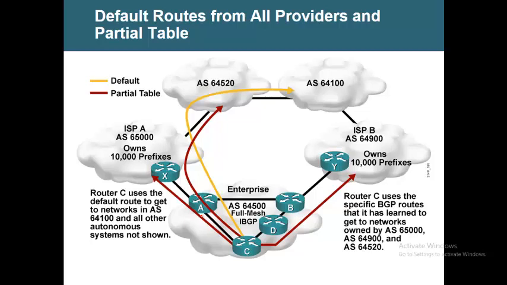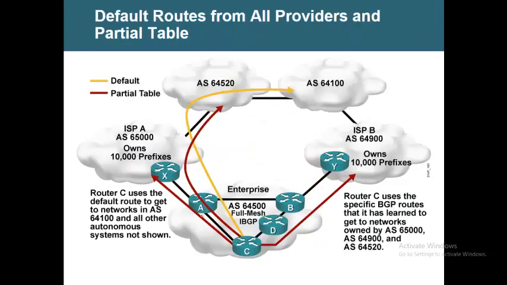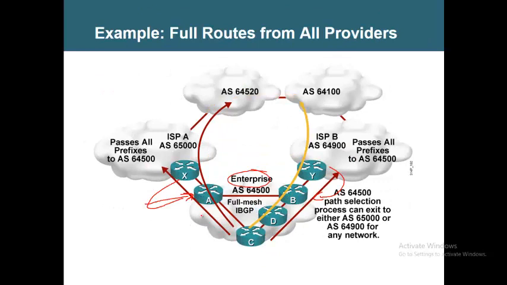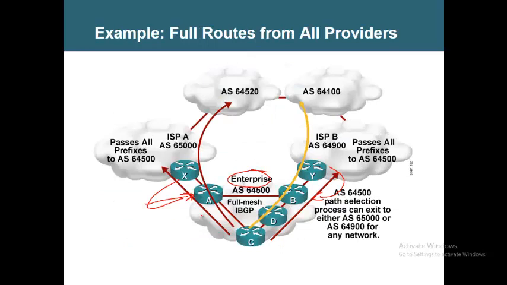For the rest, you may receive a default route. The other way is learning only the default route. So these are the three different ways in which you can learn routes. With BGP, you can do fine-tuned path selection when you have all routes, or at least partial routes, in the routing table.